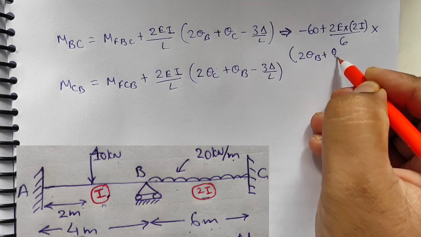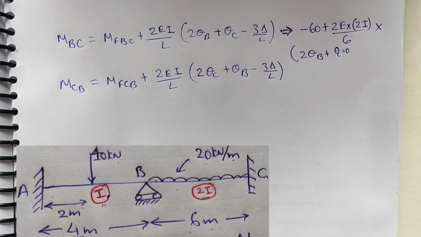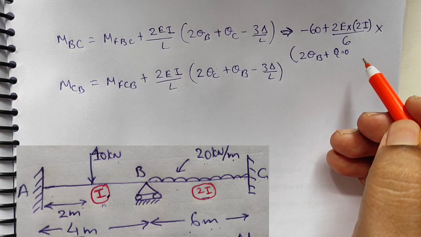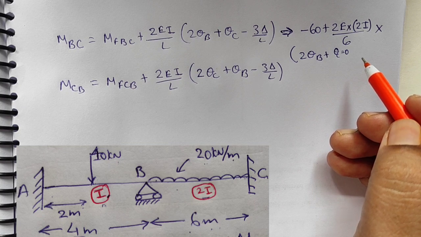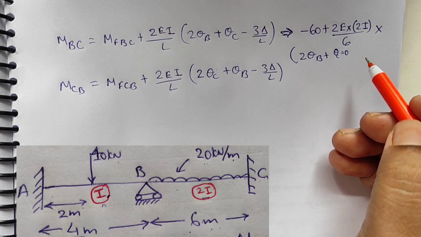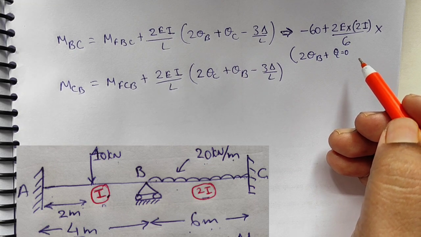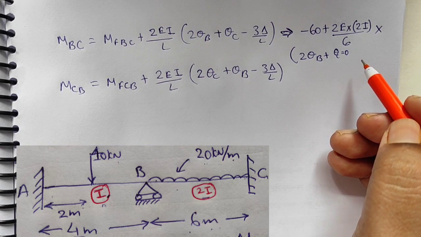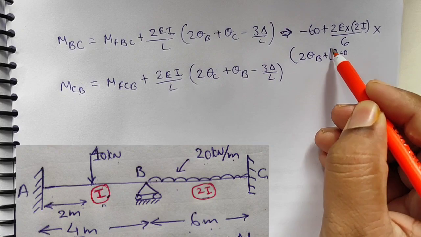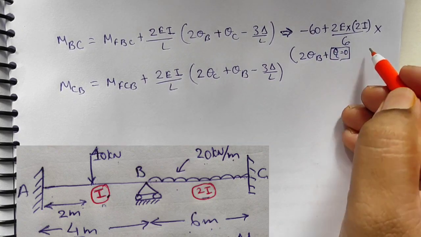Here theta C will be equal to 0 as the rotation at the fixed end is 0. If we see the question, at the end B, you can see below on the screen, we don't have a fixed support; at B I have a roller support, hence the value of theta B here is not 0. The rotations at A and C are equal to 0, therefore the value of theta C here is taken as 0.